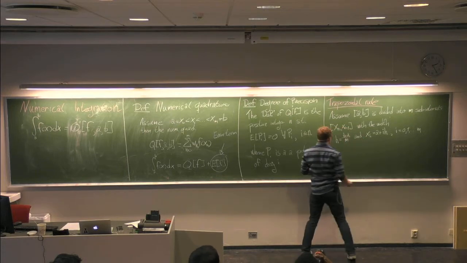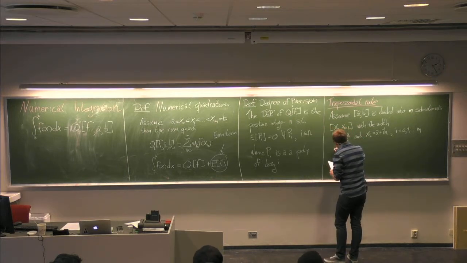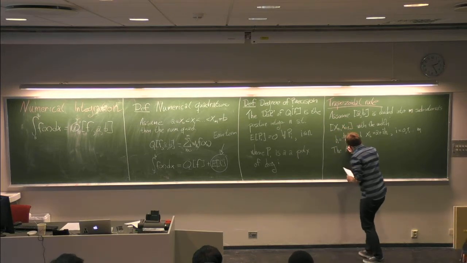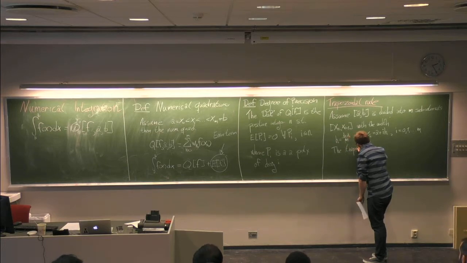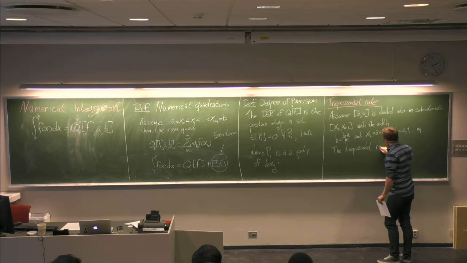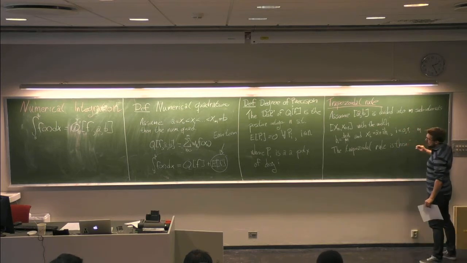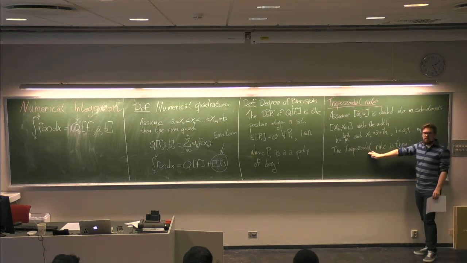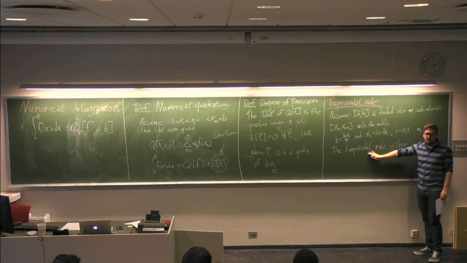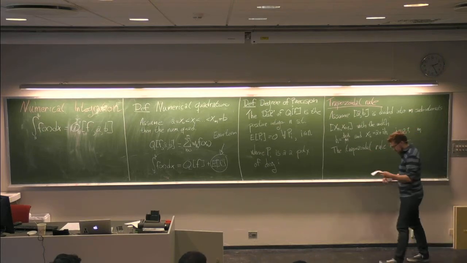So with these rules, the trapezoidal rule is then given as follows. Sometimes it's called the trapezoidal rule, other times it's called the trapezoidal method. It's basically the same thing.